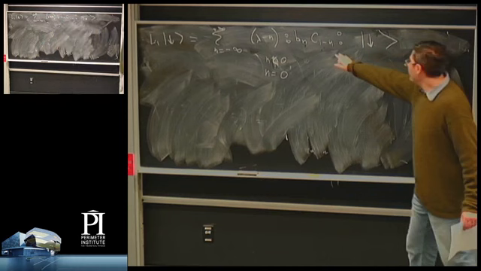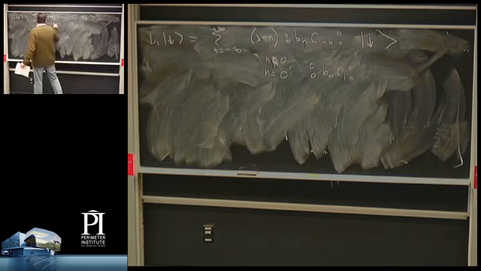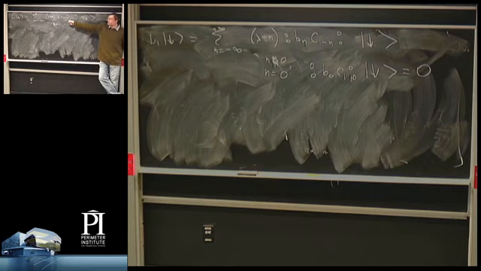In this infinite sum, n goes from minus infinity to plus infinity. Let's look first at when n is negative. When n is negative, I have a c with a positive index, and so it will be annihilated.